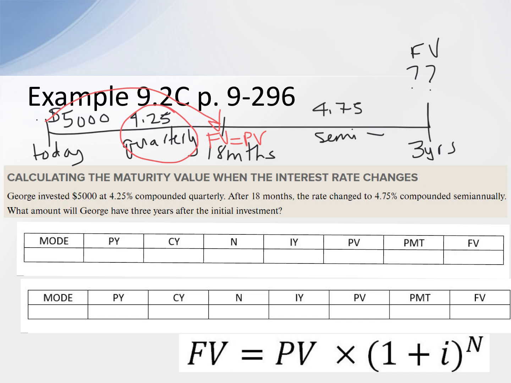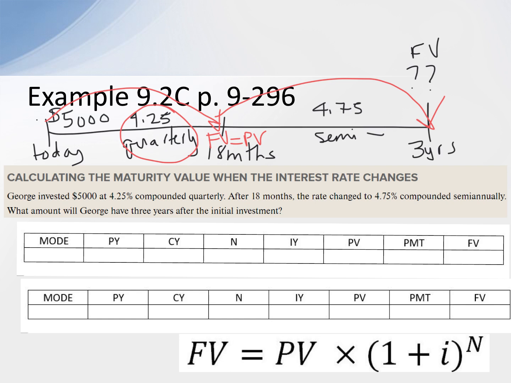We got used to doing this type of calculation using simple interest, and now we're just doing it again with compound interest. Then we're going to find the future value at 3 years, and we're going to change the interest terms to 4.75 compounded semi-annually.